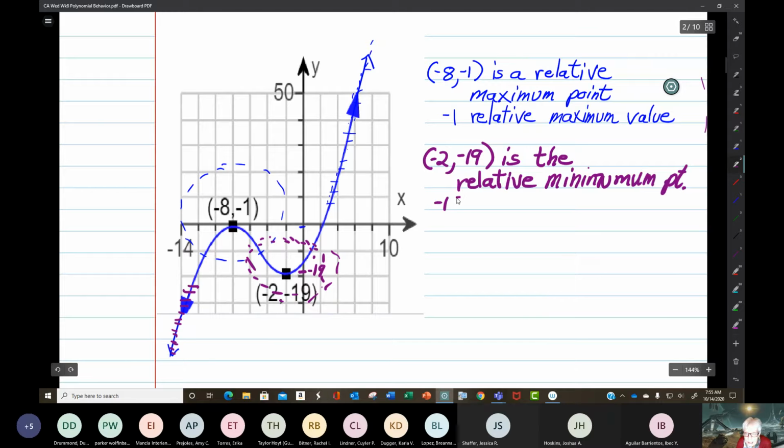So negative 19 is the relative minimum value. And that's what there is to that.